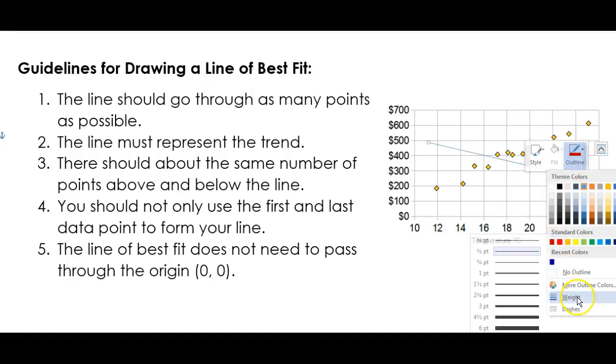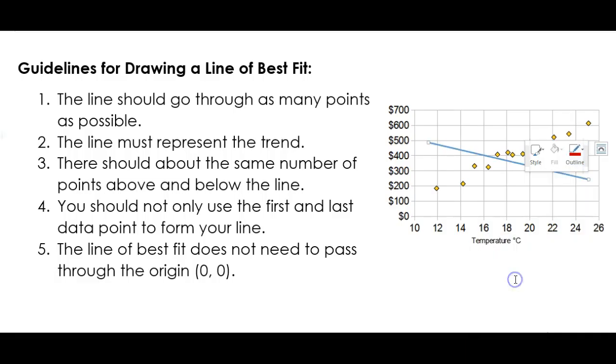I'm just going to make it a little thicker here, because that really doesn't represent the data, right? I wouldn't draw it sort of like that either, because it's not really going through most of the points, and it's also not representing the data. So I would try to guesstimate to have it go around maybe like that. All right, so the line has to represent the trend.